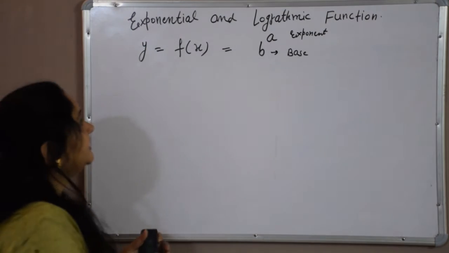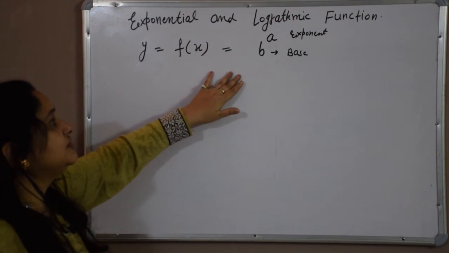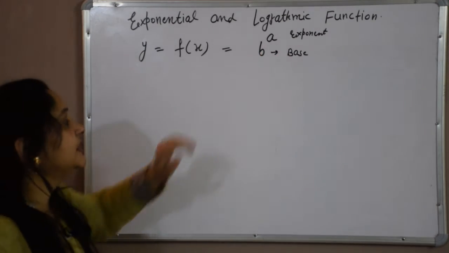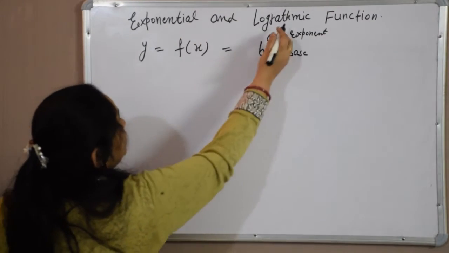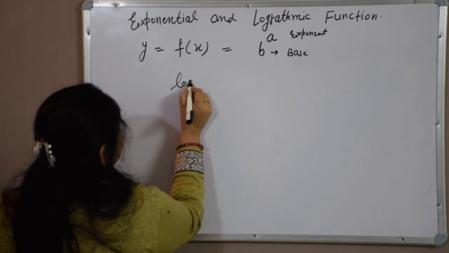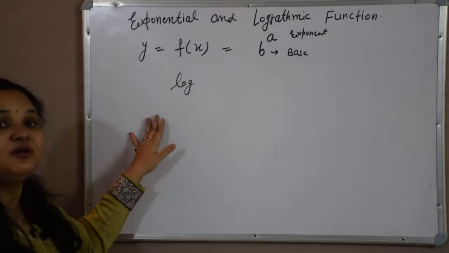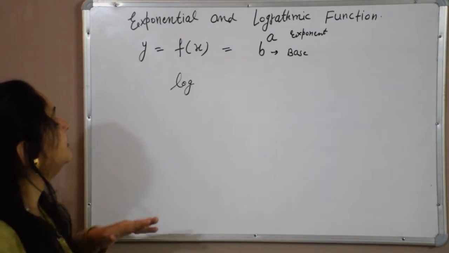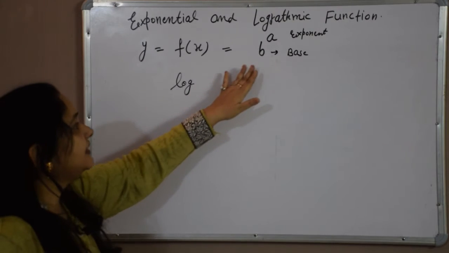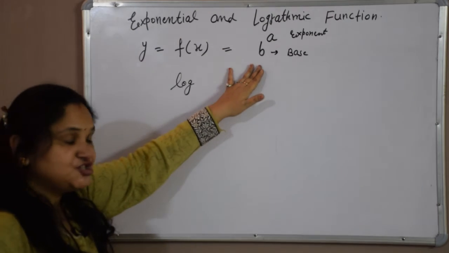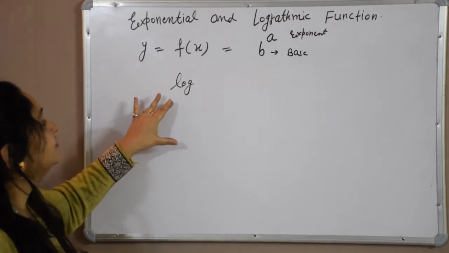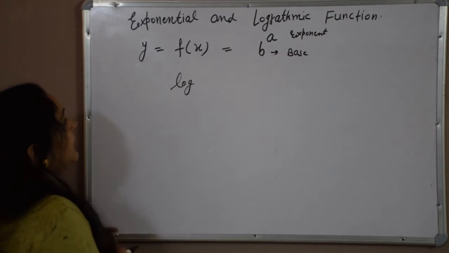And how can we convert this exponential function into a logarithmic function? The short form of logarithm is log. Generally we use the word log only, not logarithmic again and again. So whenever we write a function in exponential form, we can write it in the form of log also.